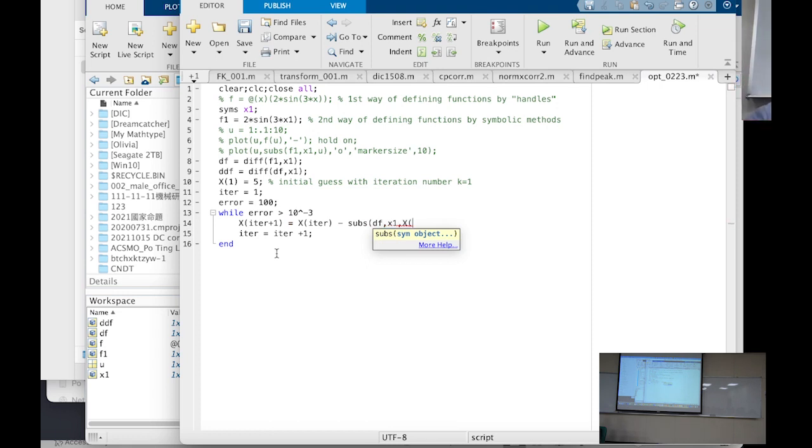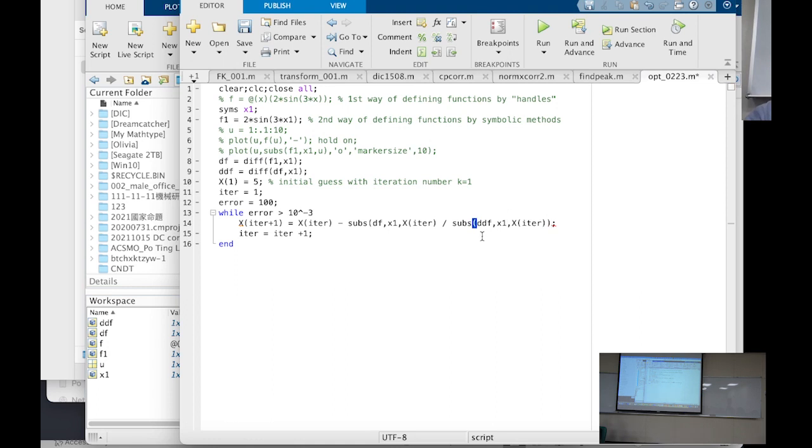The current value is your x iter, divided by substituting in ddf. That's it. Newton's method.